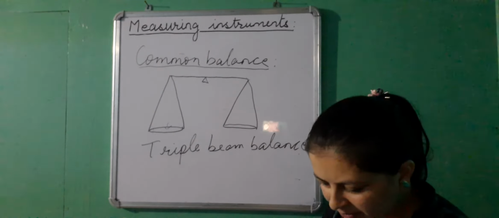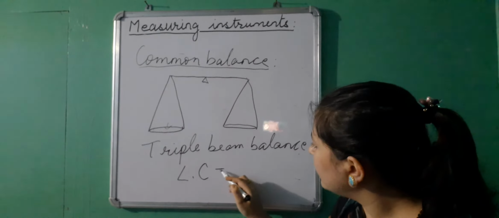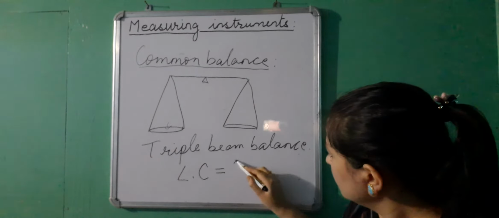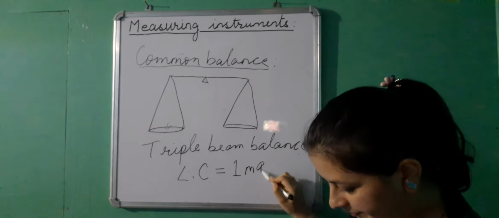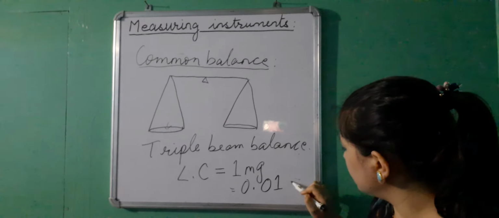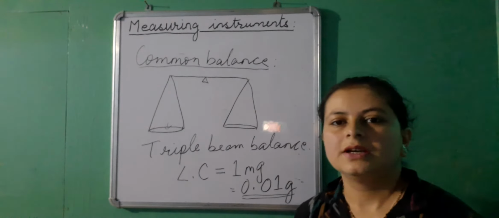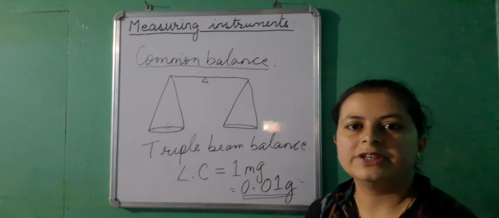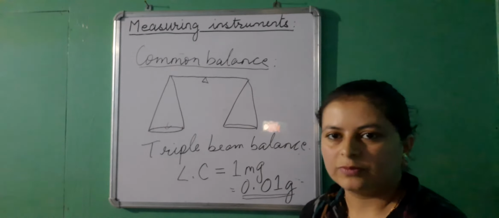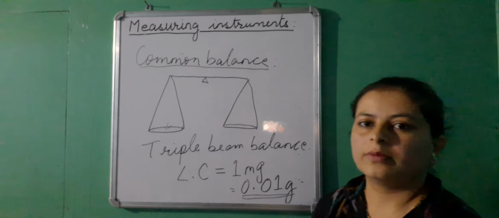Okay, the triple beam balance, its least count, the minimum value up to which this triple beam balance can measure is equal to 1 milligram, or in terms of gram it is 0.01 gram. Okay, this is the least count of a triple beam balance. When we talk about the common balances that we use in the shops, okay, the least count for those will be 1 gram only. So this is the least count of a common balance.